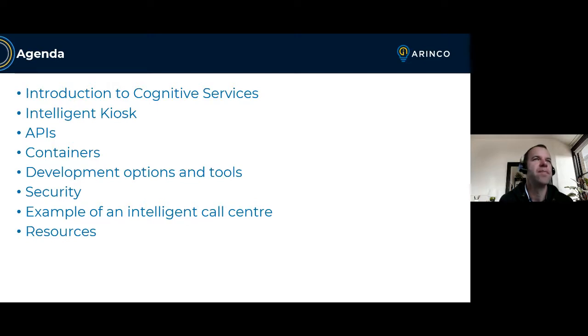I'll talk to the security services that are offered and available for you to use to protect access to cognitive services, both at an authentication and authorization level, but also at a network level.